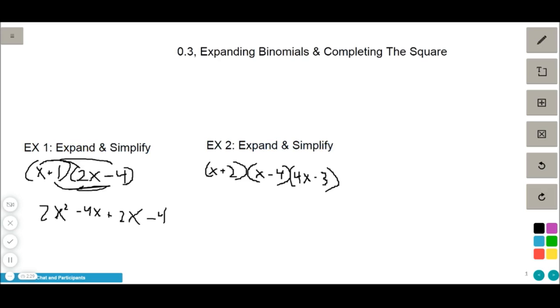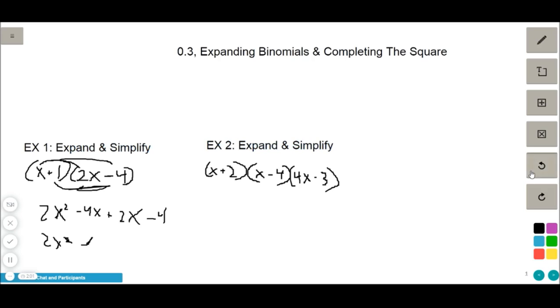Now that we have expanded this, we need to simplify it. To simplify it is by adding the like terms. So 2x squared cannot be added to anything, so you leave 2x squared by itself. Then you see what else can be added. Negative 4x and 2x can be added to each other, so you add them.